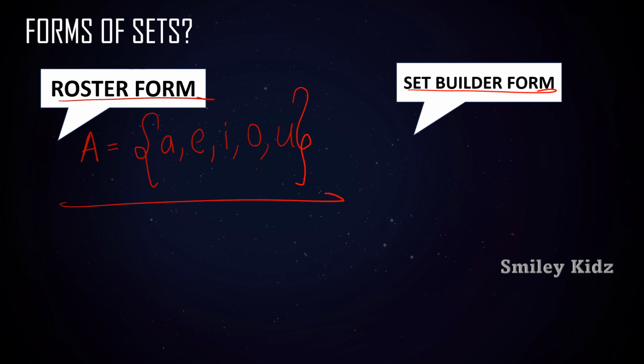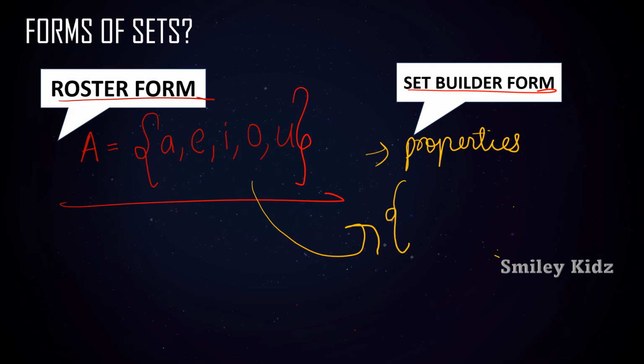Set builder form expresses things in properties. Now what do I mean? Do not get confused. Here I have an example. The same thing we are going to write in the set builder form. Alright, how do we do that? Now here I'm having the curly brackets itself. Now I'm going to write x such that x is a vowel.